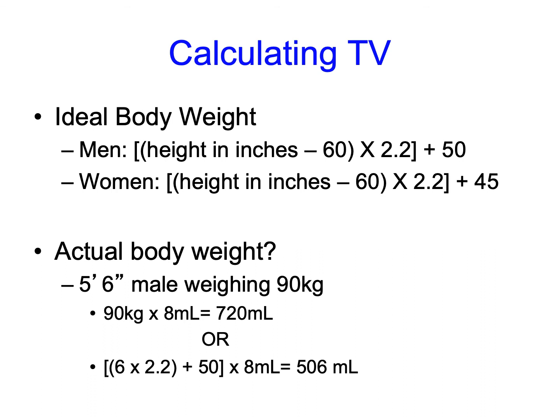So we got a 5'6" male weighing about 90 kilograms. We're going to take the 6 times the 2.2 plus the 50 times the 8, which equals 506 mLs, which is the normal tidal volume, which we already said. Normal tidal volume for an adult male is right around 500 mLs.